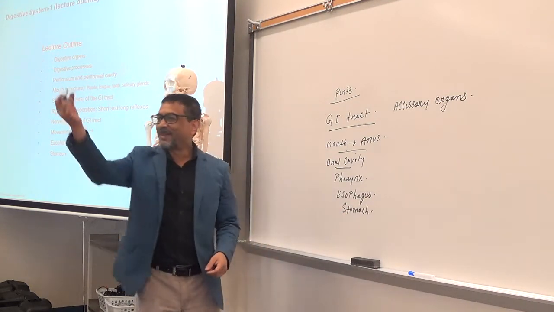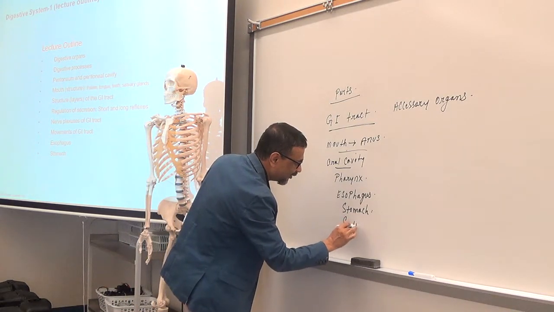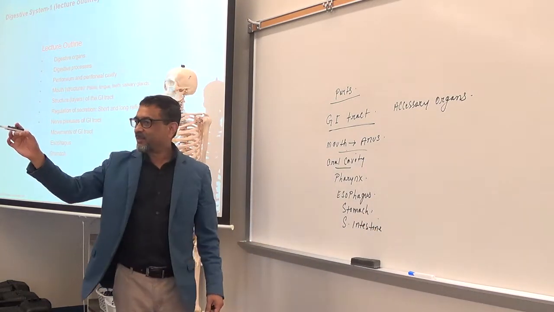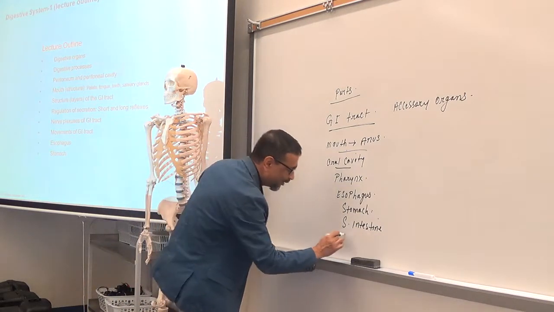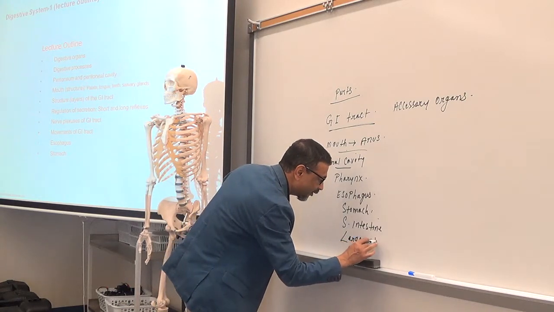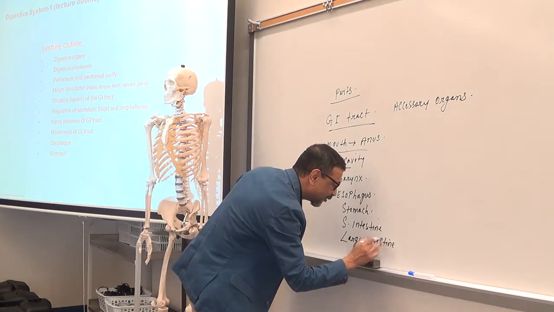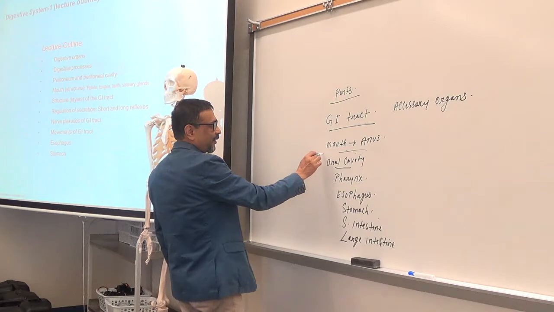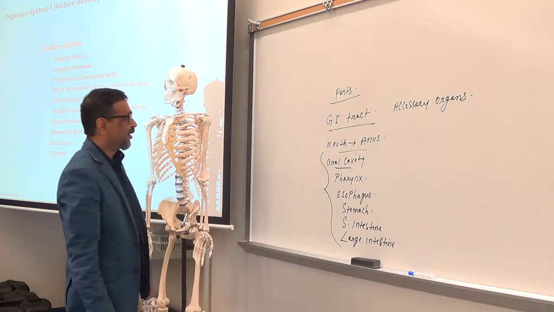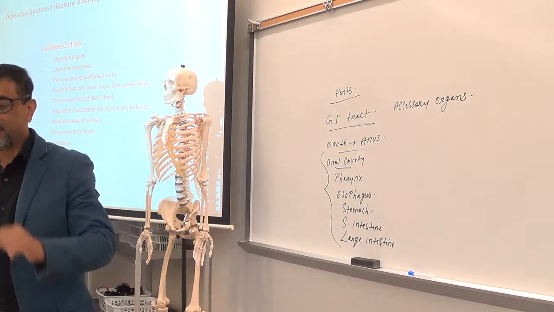Then the tube again gets narrow and long, that is the small what? Intestine. And then it again gets wider, and that is the large intestine. Okay, so you see that it is a continuous tube, but in some places it is narrow, in some places it is what? Wider. Yeah.